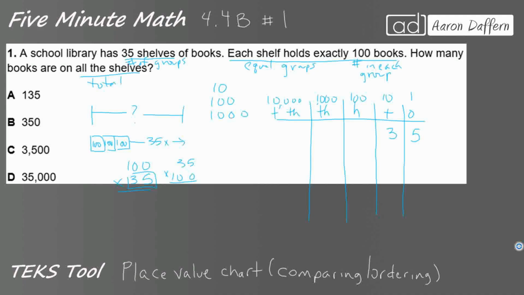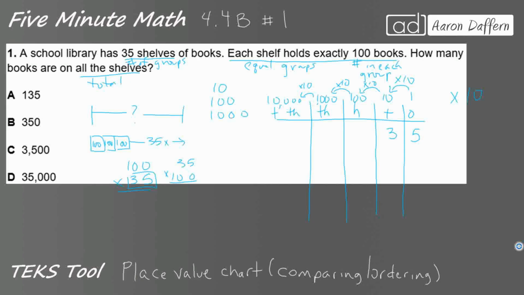When we have our number system, every time we move one spot to the left, it's 10 times bigger, right? All the way across, multiply something by 10, and it gets one spot bigger. 10 ones make a 10, 10 tens make 100, 10 hundreds make 1,000, 10 thousands make 10,000.